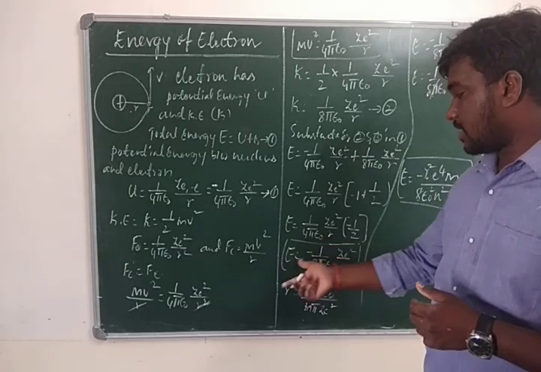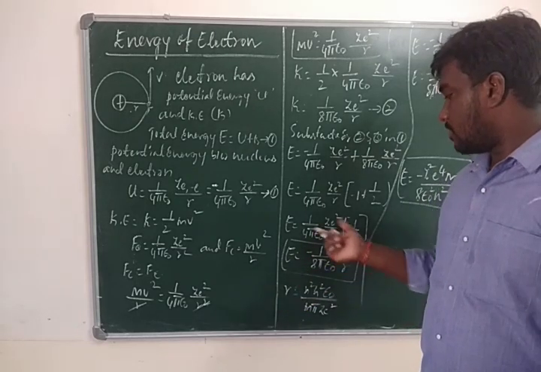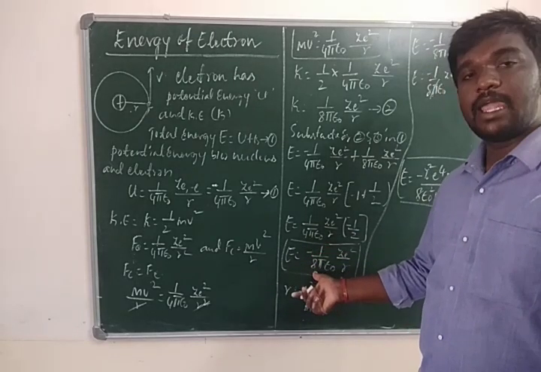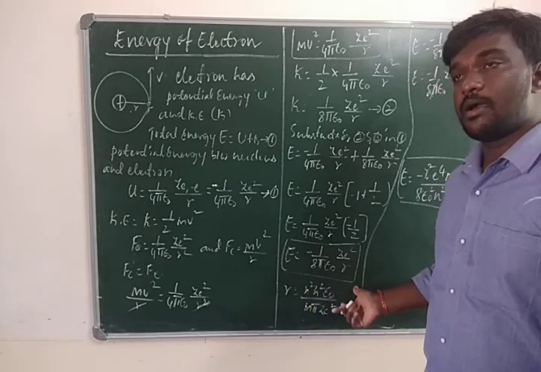So on multiplying, E is equal to minus 1 by 8 pi epsilon naught Ze square by R.